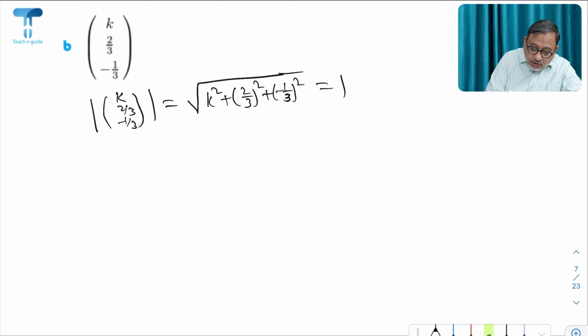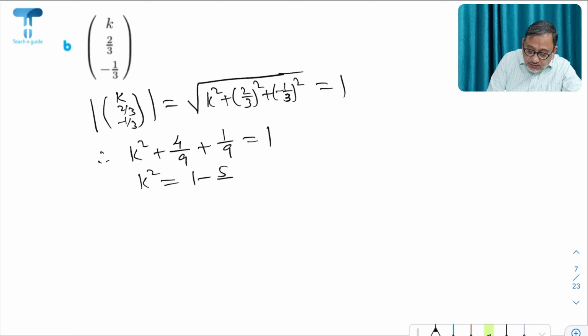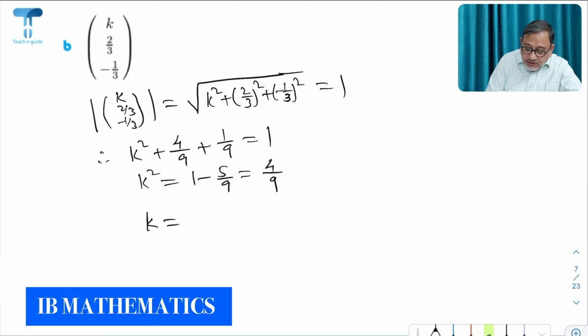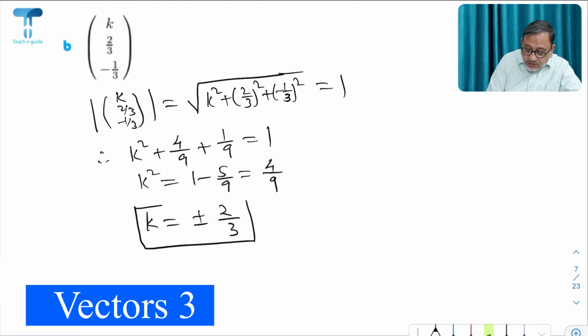So I will square both sides. Therefore k squared plus 4/9 plus 1/9 is equal to 1. 4 and 1 is 5/9. So I'll take it to the other side: 1 minus 5/9. 9 minus 5 is 4/9. So therefore k is equal to, as I told you earlier, plus or minus 2/3. This is the value of k.